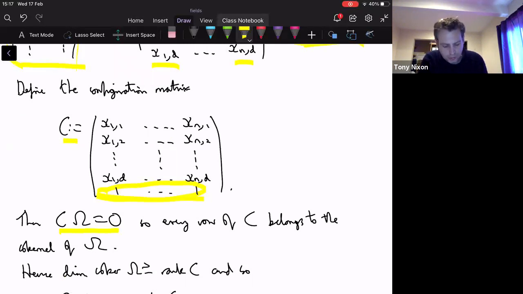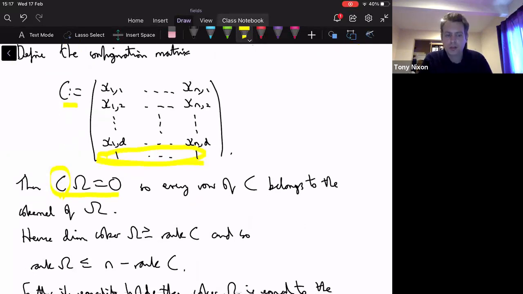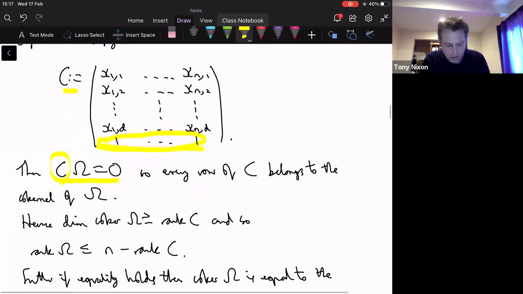So we know that every row of this configuration matrix belongs to the co-kernel of the stress matrix. And from the co-kernel, we get an upper bound on the rank of the stress matrix. So of course, the dimension of the co-kernel is at least the rank of this configuration matrix, because every row belongs to it. So there could be other things, but these things are always there.